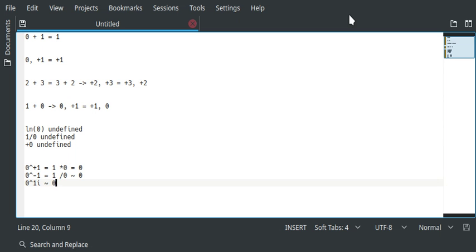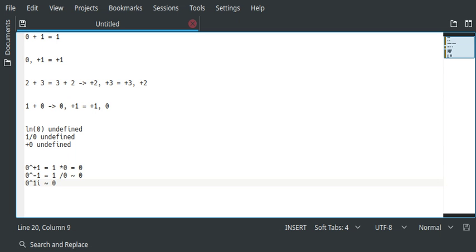So treating those things as undefined is not helpful, and it's also not warranted, because if you look at a graph of the ln of x, it doesn't exist at 0.